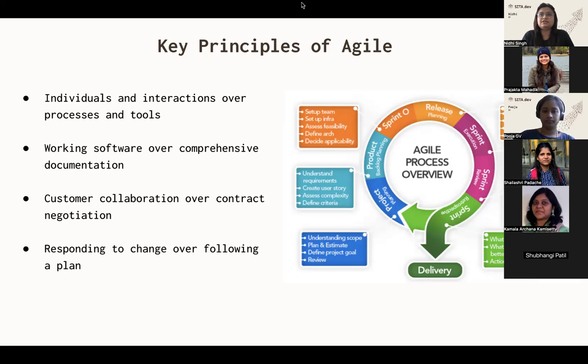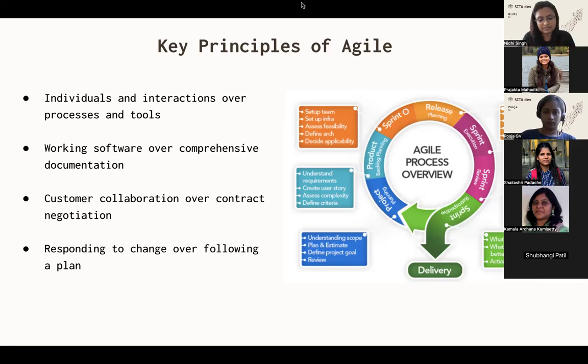It's not like the customer has given the requirement, and only at the end when we deliver the software does he know, okay, this is the product that is made. No, it's not like that in agile. In agile, the client knows everything that is going on.